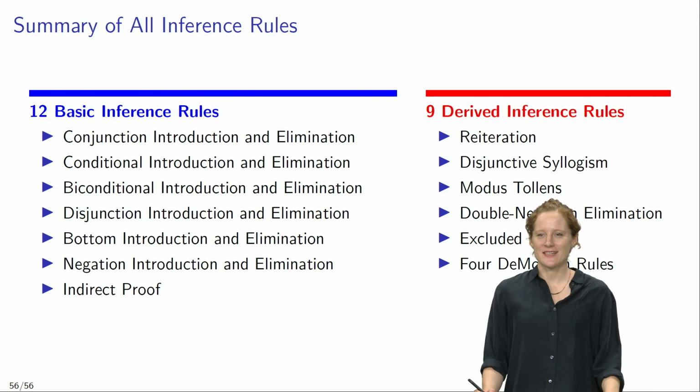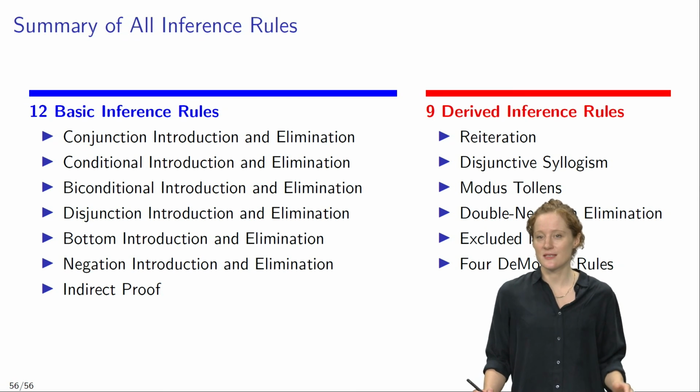Let's sum up our discussion of TFL proofs. In the past 2 lectures, we have encountered 12 basic inference rules. 2 rules for each one of our main connectives, plus 2 rules for bottom and indirect proof. So this may look like 13 basic inference rules, but we have seen that bottom elimination and negation introduction are in fact the same rule.